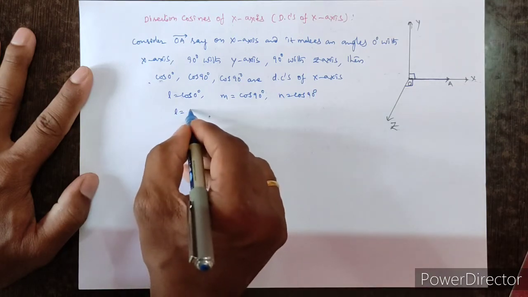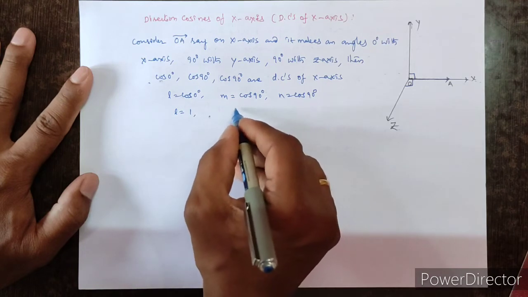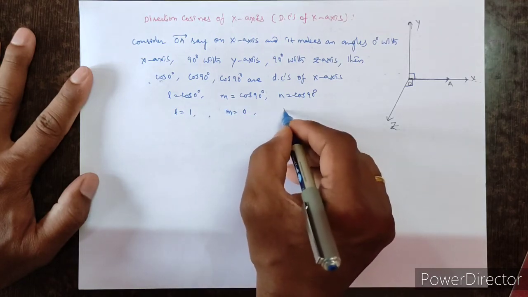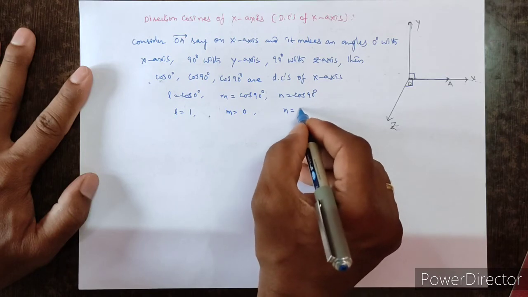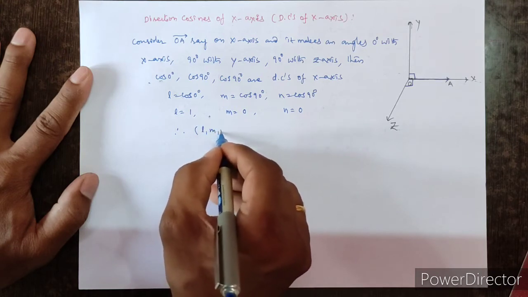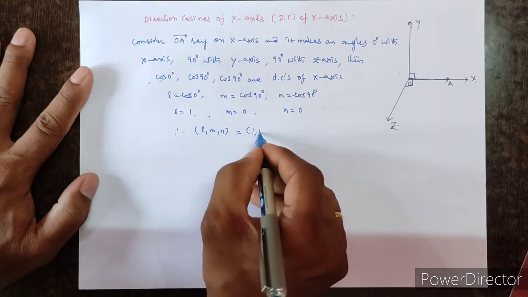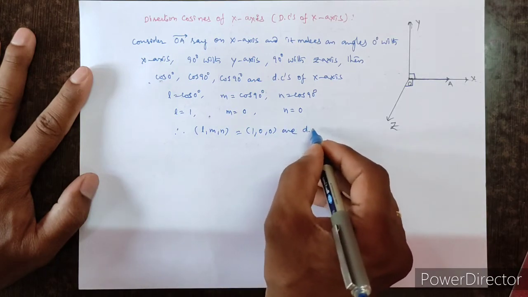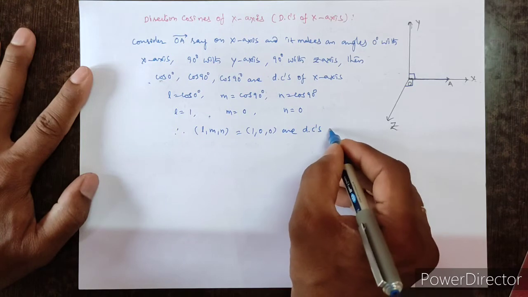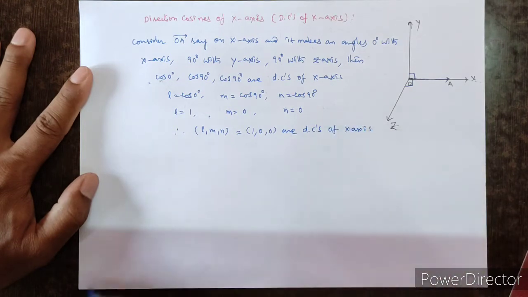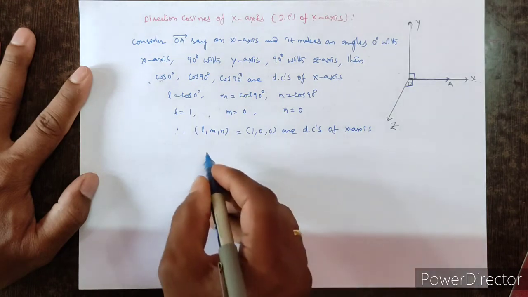Therefore L equal to cos 0 is 1, m equal to cos 90 is 0, and n equal to 0. Therefore the direction cosines L, m, n are 1, 0, 0, the direction cosines of the x-axis.